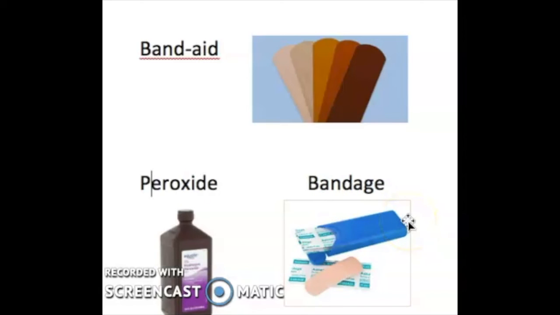Bandage, that's right. Great. While we have this picture here, does anyone know what peroxide is? Peroxide is something a grown-up might use to clean your cut or scrape. And peroxide doesn't sting, but as it's cleaning, you're going to see a lot of bubbles.